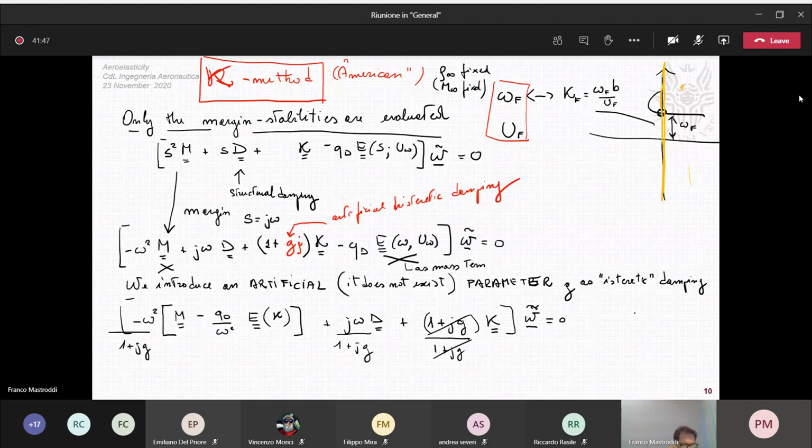And I want to define a new complex variable, p1, which is equal to j omega divided by square root of 1 plus jg. And so p1 square is exactly equal to minus omega square divided by 1 plus jg.